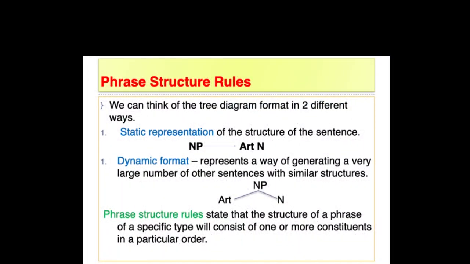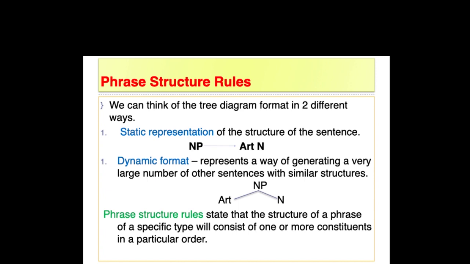Now, what about phrase structure rules? Here we are going to look at what we mean by phrase structure rules, and what the main rules are, especially in English. So this is mainly a focus on the English language. We can think of the tree diagram format in two different ways.